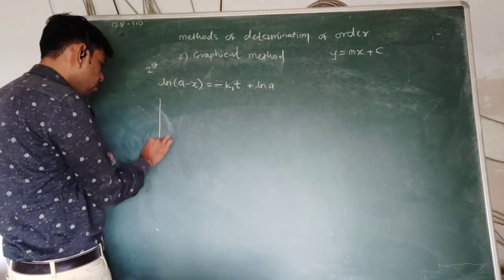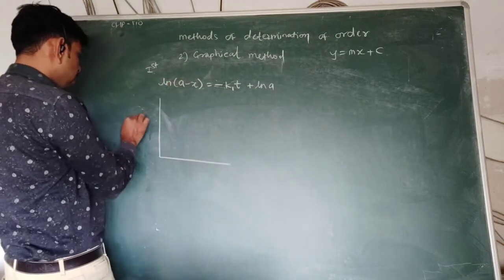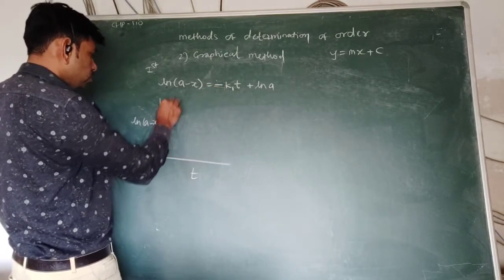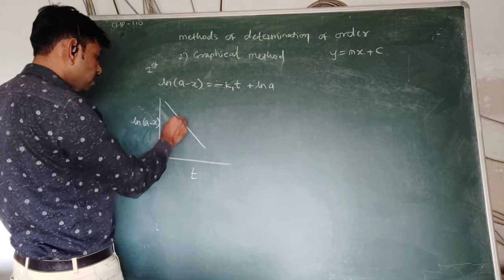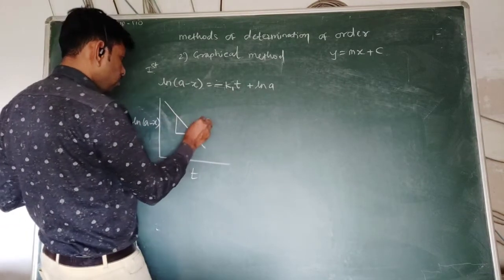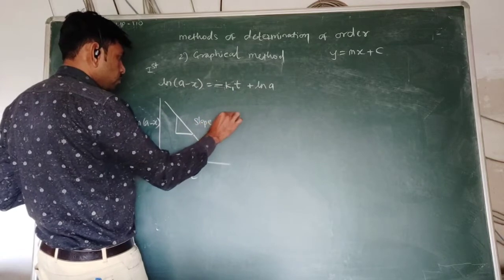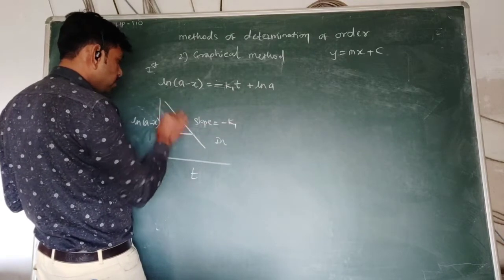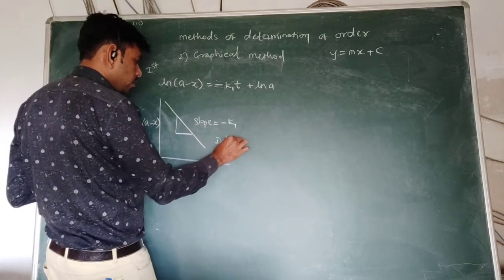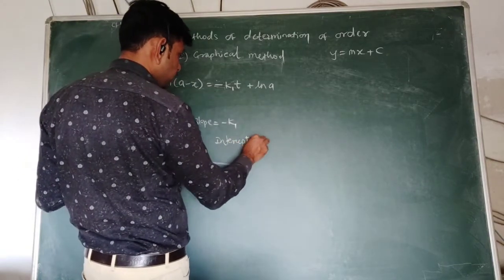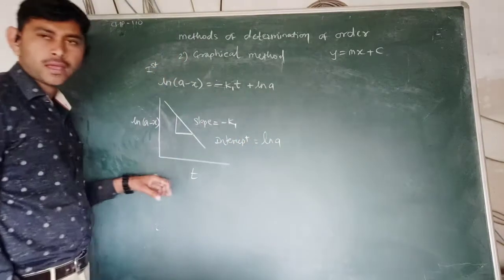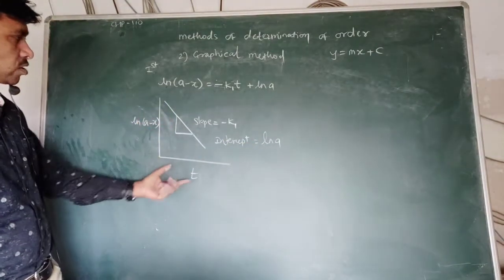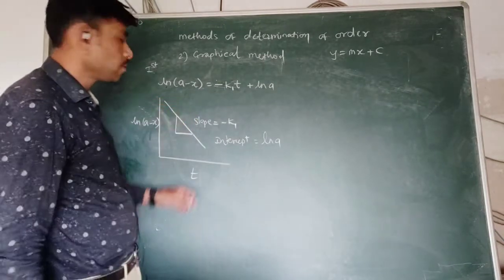If we plot ln(a minus x) on one axis versus t on the other axis, we obtain a negative slope because of the minus sign. So the slope gives the value of k1, and the y intercept gives the value of ln a, the initial concentration. So ln(a minus x) versus t gives the graphical representation in this format.